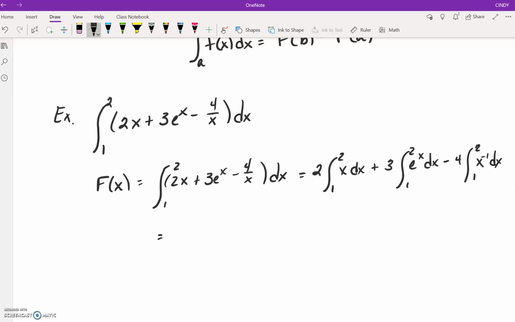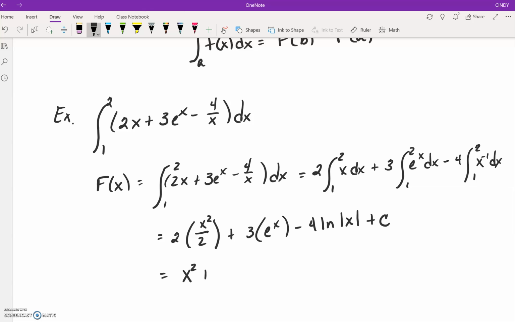Okay, that is 2 times x squared over 2 plus 3 times e to the x minus 4 times the natural log of the absolute value of x plus the constant c. Okay, simplify. That gives me x squared plus 3e to the x minus 4 times the natural log of x.